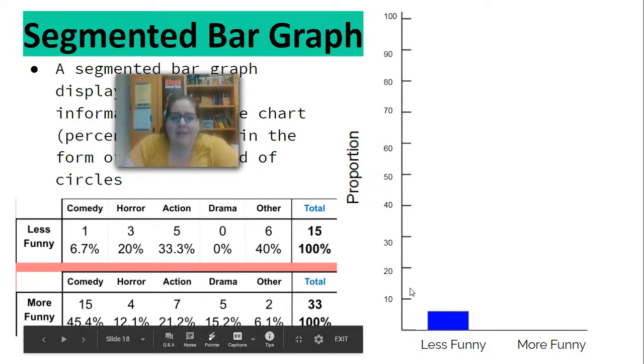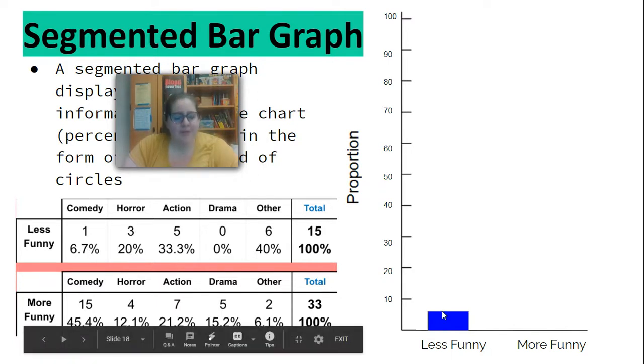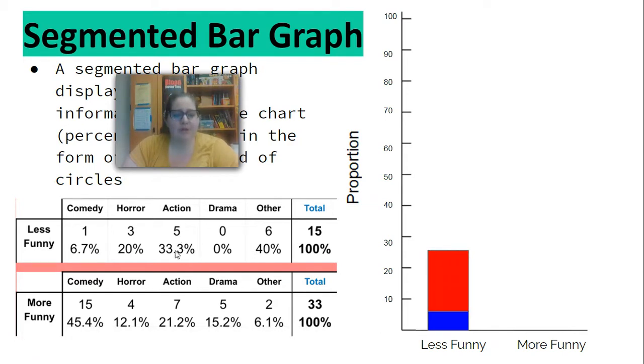What I have to be careful about is that I want that bar to represent 20%. So what I do is add up as I go. So 6.7% plus 20% gives me 26.7%. So I know that this bar should be ending at about 26.7%. And then the next one is 33.3%.